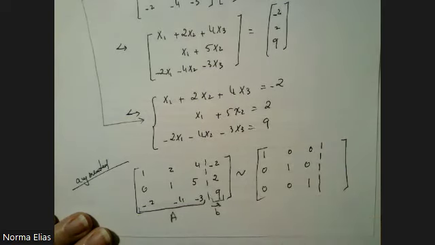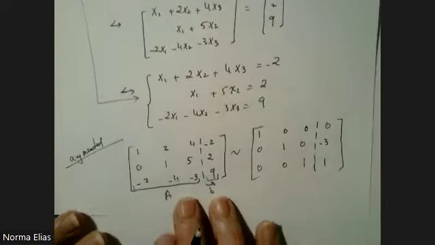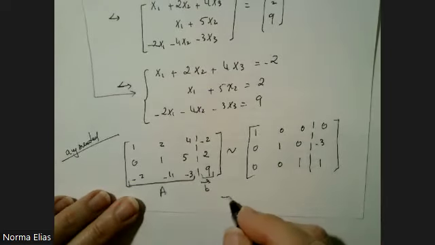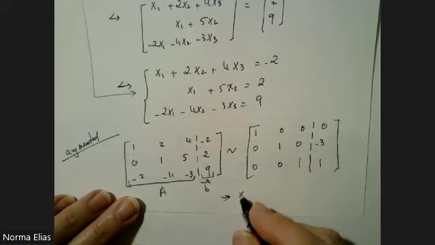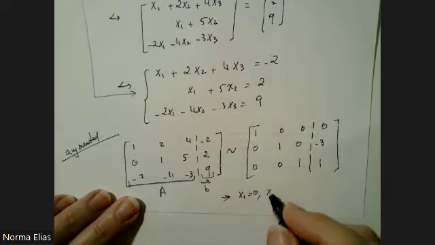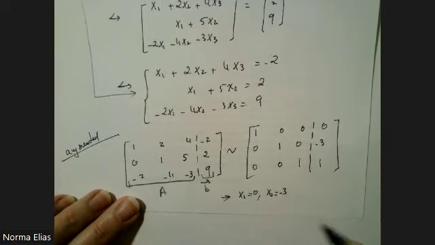After you do everything, you get 1, 0, 0, 0, 1, 0, 0, 0, 1 with 0, minus 3, and 1. If we solve this, the first row tells me x1 is 0. The second tells me x2 is minus 3. And the last one tells me x3 is 1.